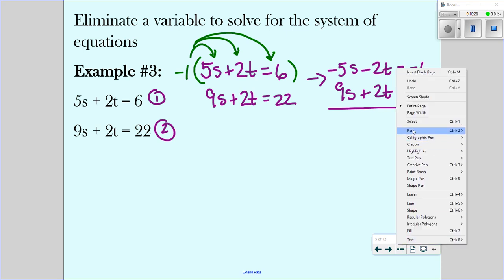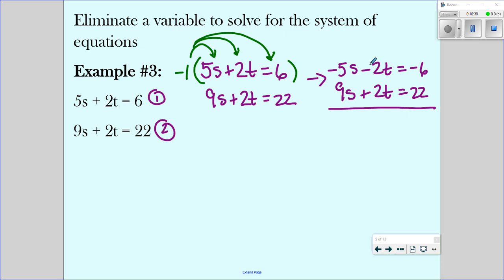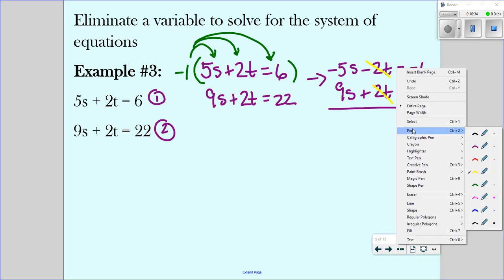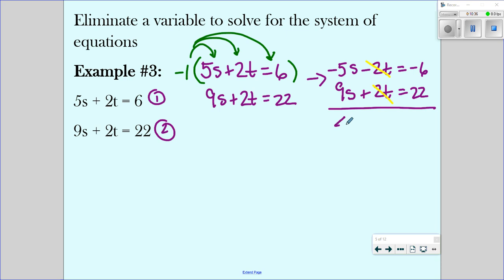So now I can eliminate that to solve for s. I'm going to add up those two equations. So then that will give me 4s equals, and negative 6 plus 22 will give me positive 16, and then divide by 4 on both sides, and then I get s equals 4.